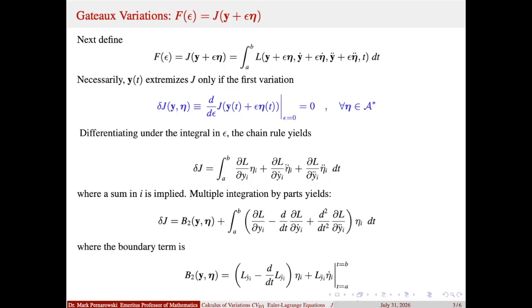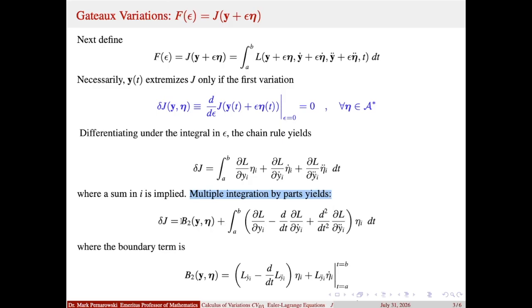If I integrate by parts once, the derivative on this will go down by 1. To make that happen for the second term, this eta double dot, I need to do 2 integrations by parts in succession. If I do these multiple integrations by parts, what do I get?